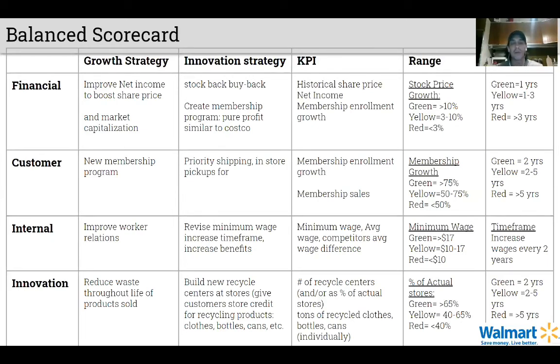Going on to the balanced scorecard, as we can see, we have 4 perspectives, but the 2 main perspectives that I want to focus on are the internal and innovation perspectives, as this is where our solutions lie. As we have talked about internally, on improving worker relations and raising minimum wage, we really want to analyze this and keep an eye on it through key performance indicators such as the minimum wage that we hold, our average minimum wage, and how that fares against competitors.